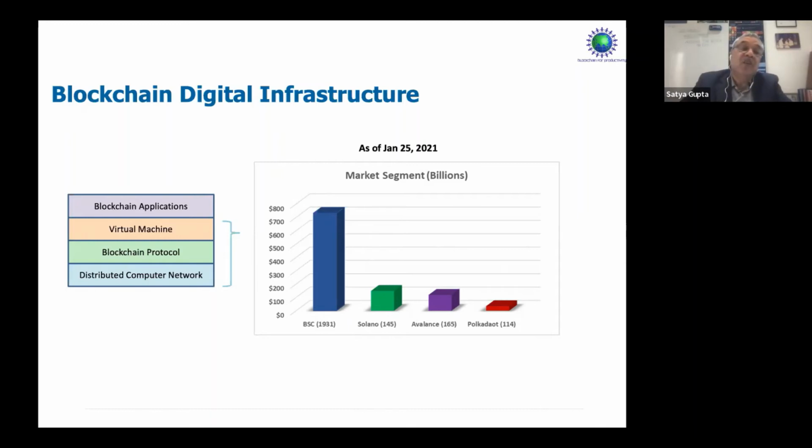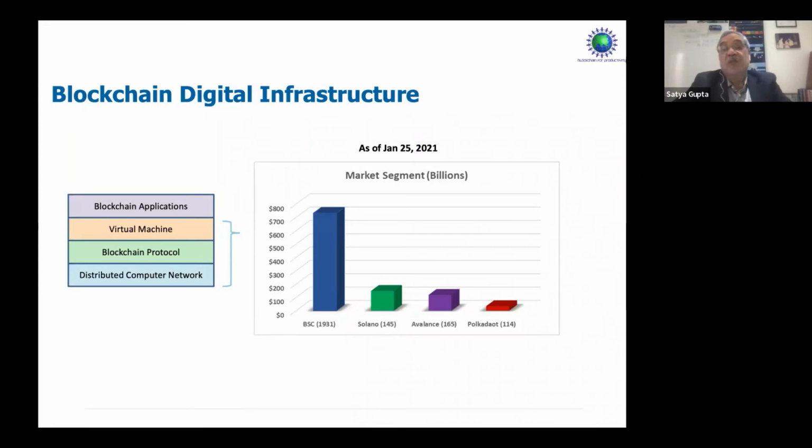On top of that, instead of an operating system, you use what is called a virtual machine. The virtual machine basically gives the processing power of a machine, but without having your own processors. And then on top of that, you have these DApps or blockchain applications. So these are the 4 layers of the digital infrastructure.